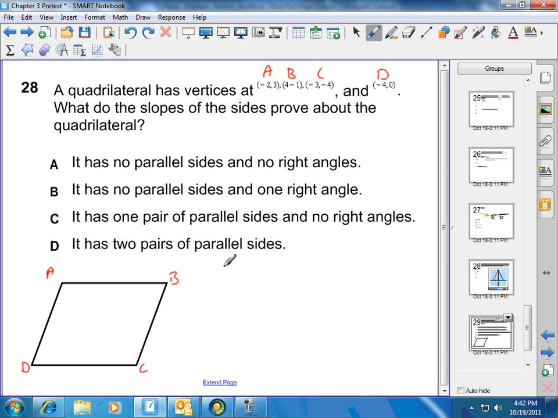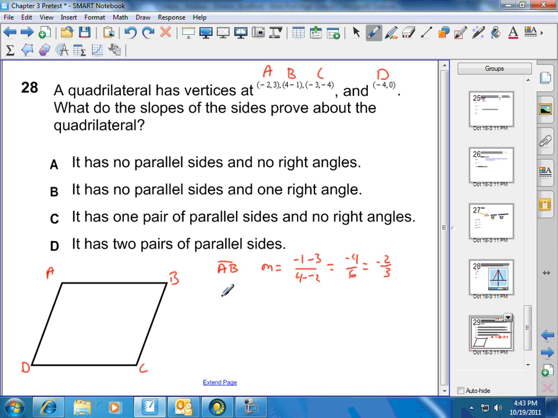So we see that we've got a segment AB, and let's find its slope. The slope is going to be -1 minus -3 over 4 minus -2, and that is equal to -4 over 6, which is equal to -2 over 3.